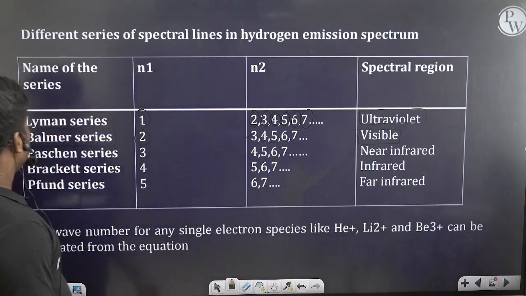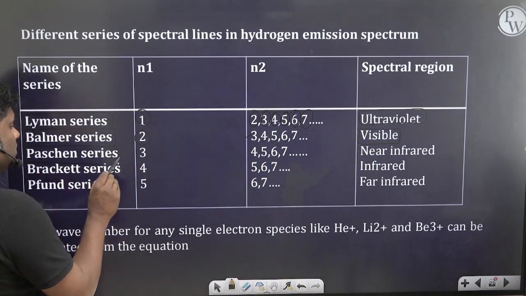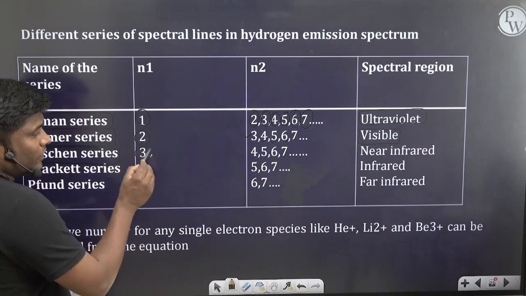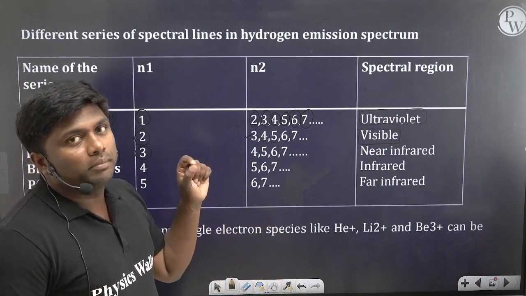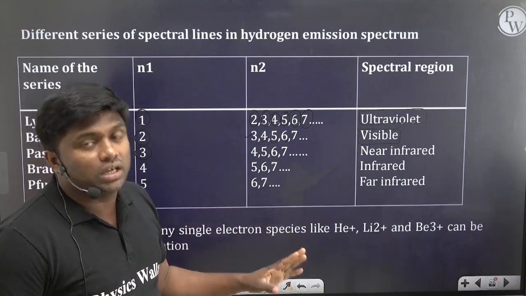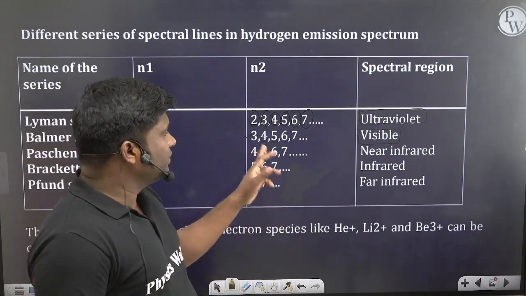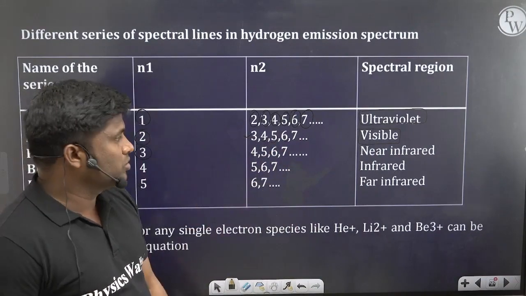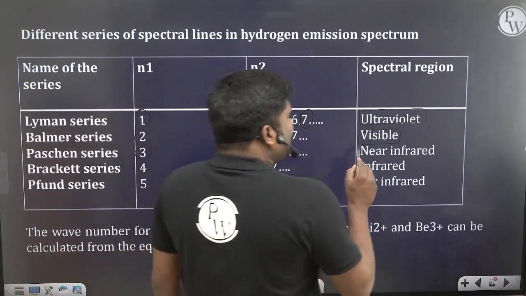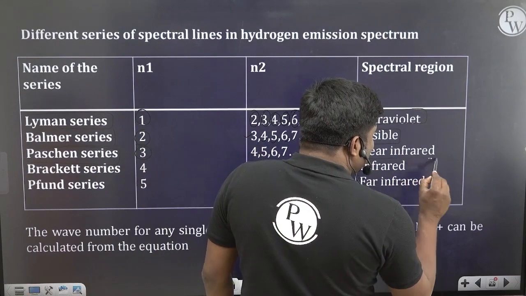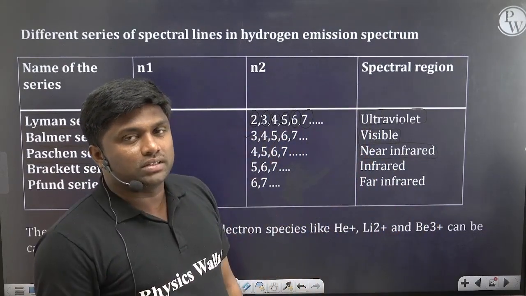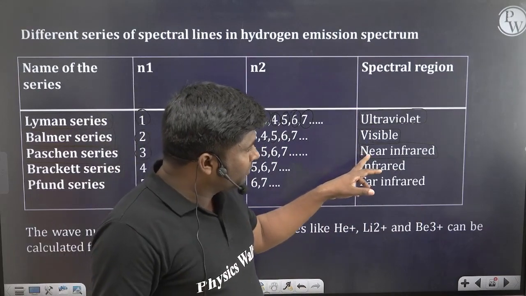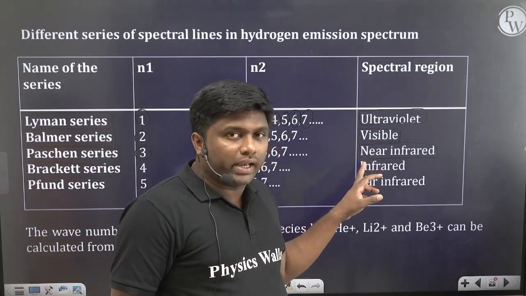Okay. And Paschen series means the electron will come to third shell. From what shells? Third shell, fourth shell, fifth shell, sixth shell and seventh shell, so on. And these electrons are releasing the frequency and wavelengths which are equal to the frequency and wavelengths of what radiation?